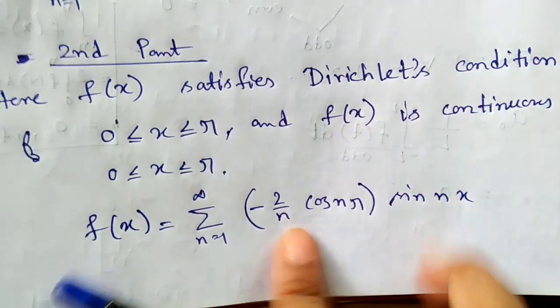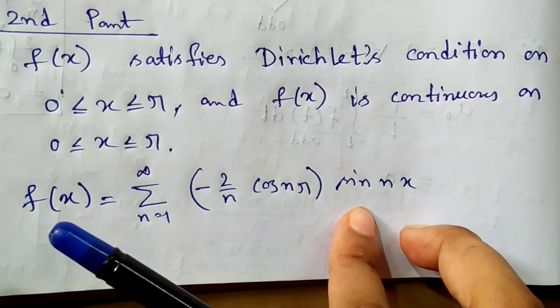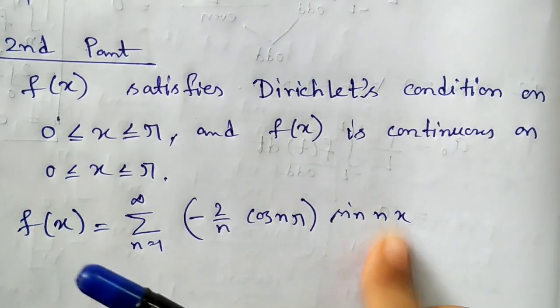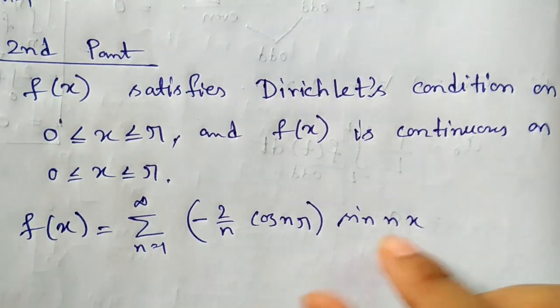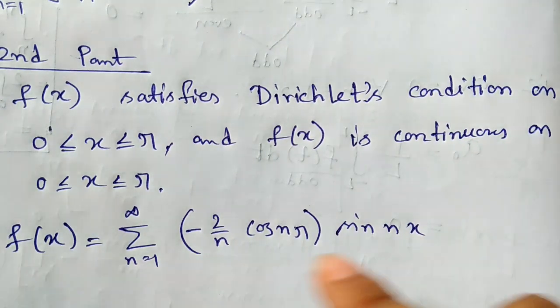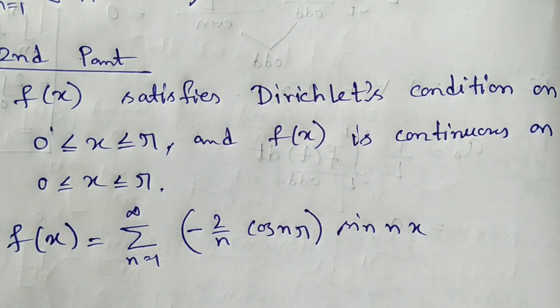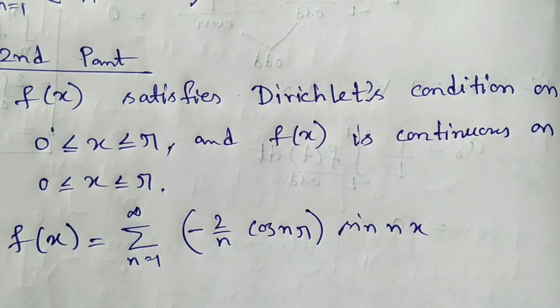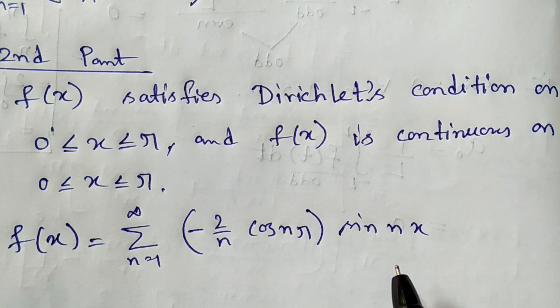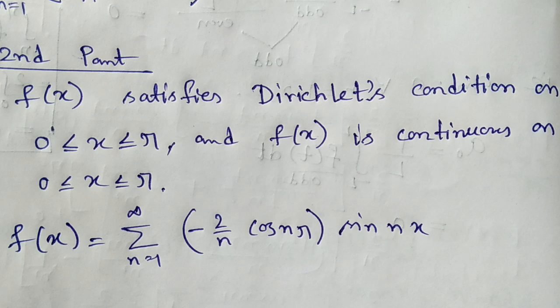So in this case, I have told in the previous video that if there is a sine related term along with x, then if we put x equal to pi by 2, in some cases it will be good for your answer, that is you may get the final answer, or when there is a cos related term in the right hand side, if we put x equal to 0, then we get the answer, but it is not for all.